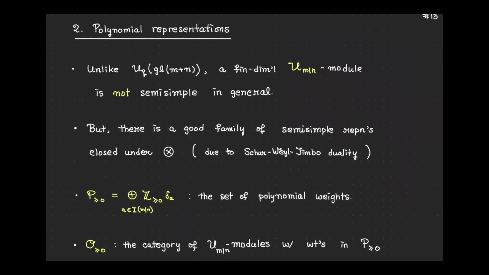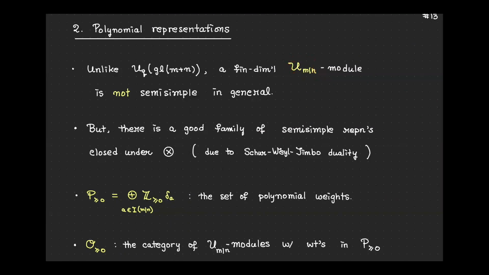Next I will talk about a special family of finite dimensional representations of the UQ-GLMN, Kuniba, Okado, and Sergeyev's version. Let me just denote it by U sub MN from now on.